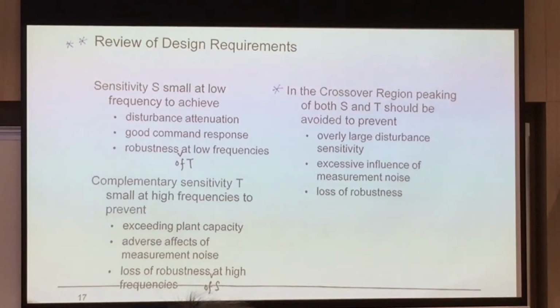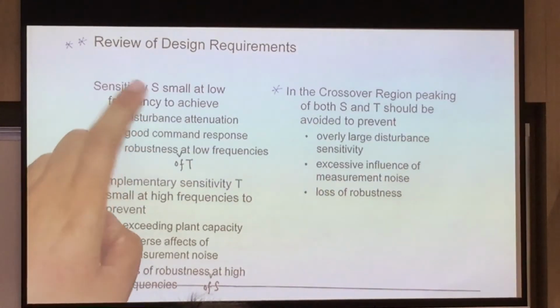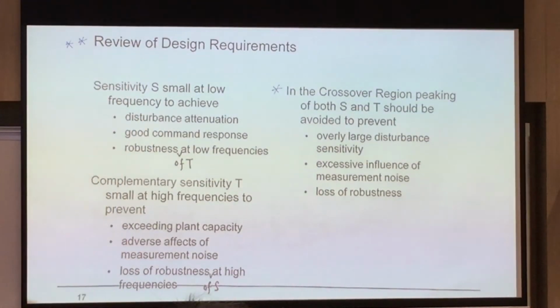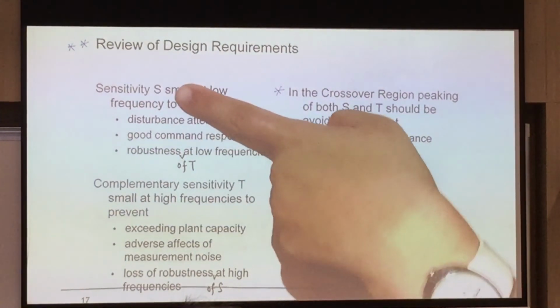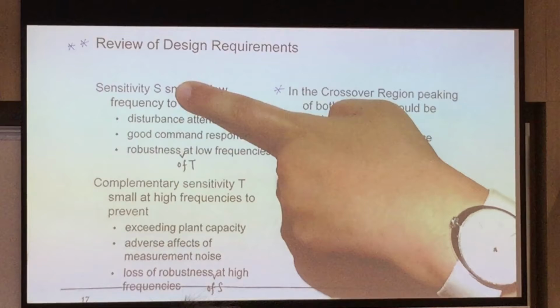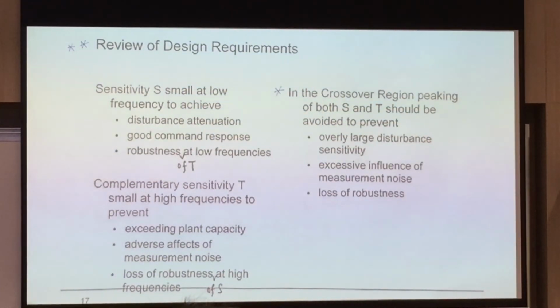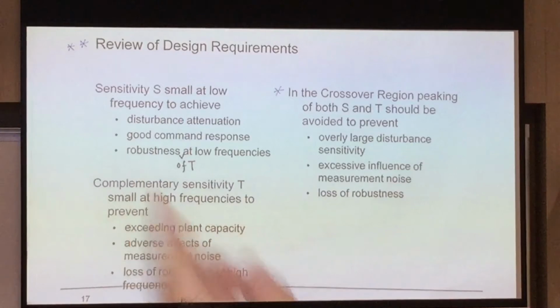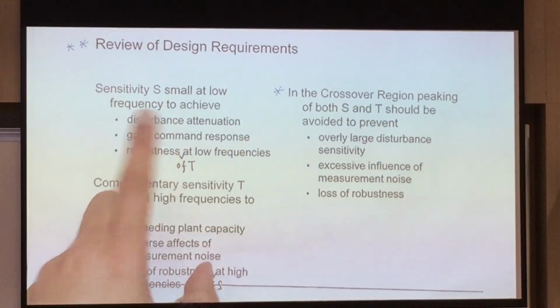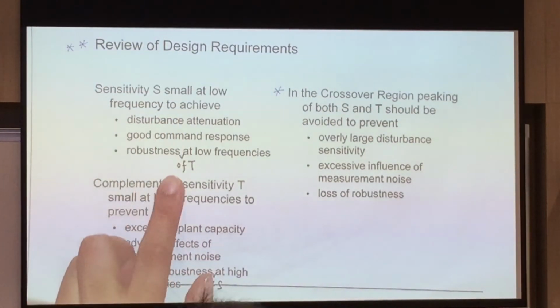The sensitivity function S should be small at low frequencies for disturbance attenuation, command response, and robustness of T at low frequencies. Because a change in S relative to a change in P is equal to negative of T. So S has to be small at low frequencies to achieve robustness of T at low frequencies.